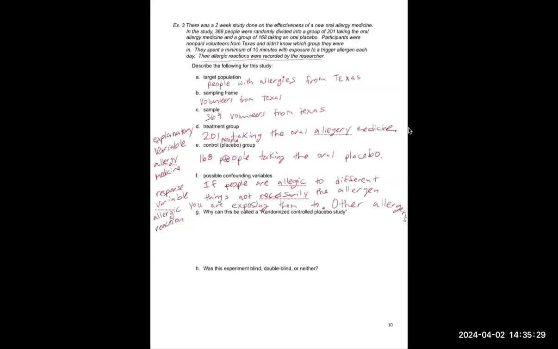I would say other confounding variables are, like I said, things that could either cause an allergic reaction or things that would dull an allergic reaction. Like maybe there's certain foods that they're eating, like honey. I know if somebody has honey, honey can actually help somebody overcome their allergic reactions.